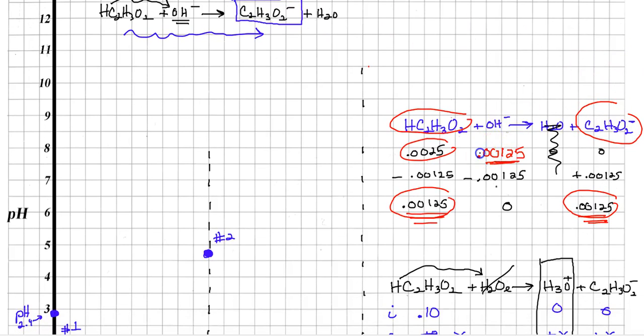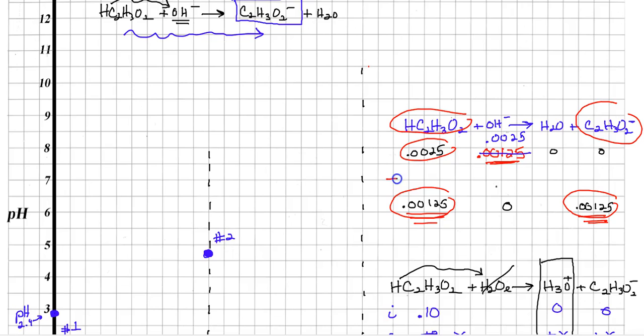So when I had, forget this number, 0.0025, what do we know? Well, it's going to be minus 0.0025 all the way across, and plus 0.0025 all the way across.